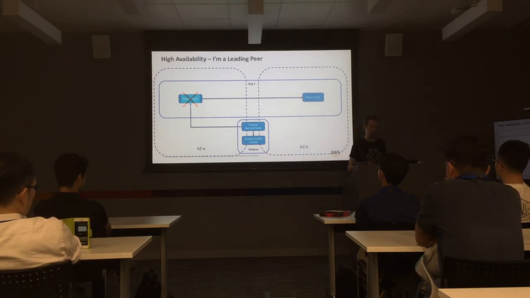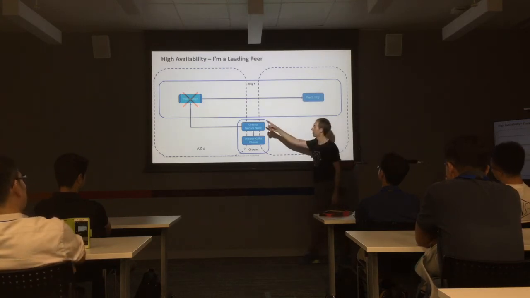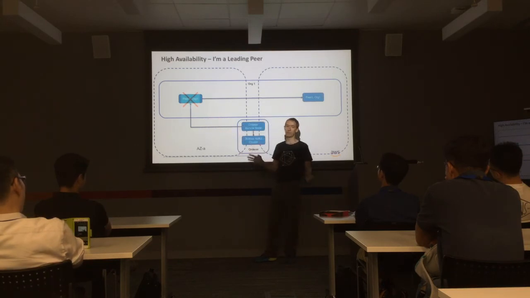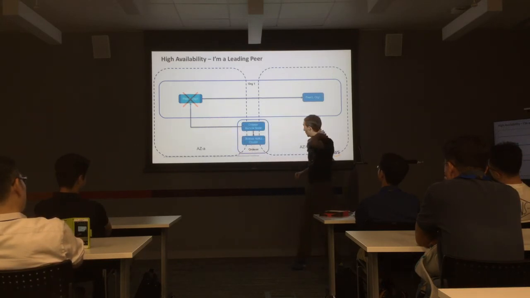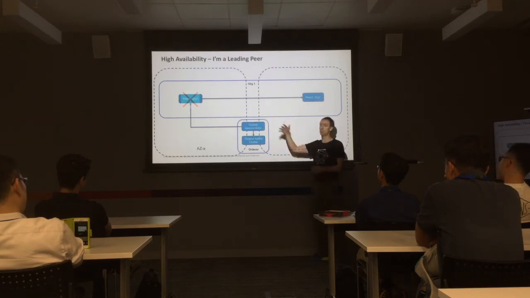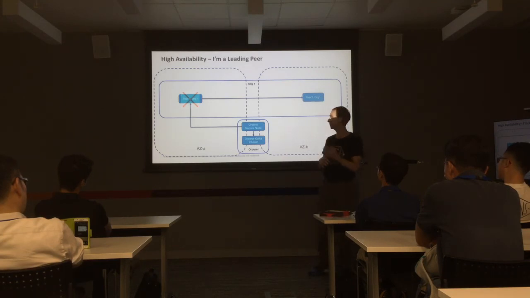Now that's all well and good, but what happens if that guy fails? Well, if that guy fails, there's no leading peer, and that means that organization is not going to get any blocks at all. So what we have is a leader election process that happens here. Right? So these peers are obviously communicating with each other all the time using Gossip. Gossip's very good for communicating state, making sure the peers are alive and so on.